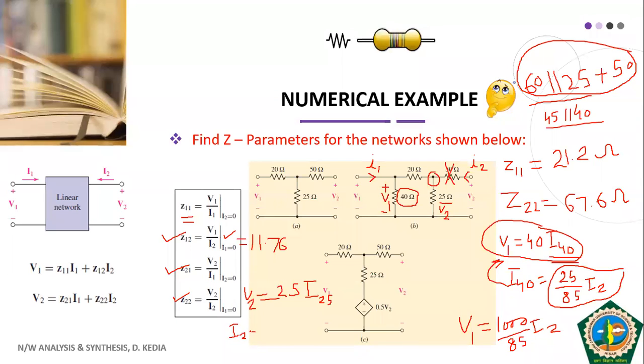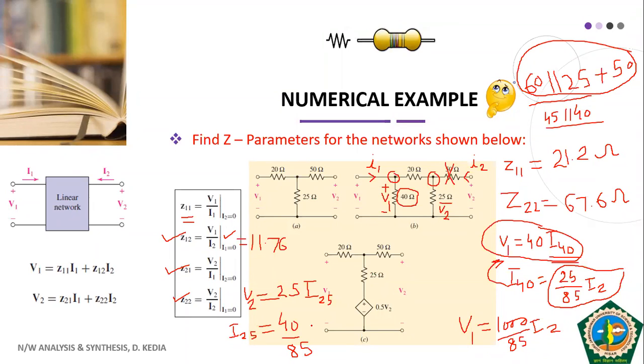I25 will be some component of I1, because I1 is entering into the circuit here and it is getting divided here. So you see, I1 will divide at this node. Again, the current divider will prevail. So what will be the value of I25? You apply the current divider rule. So it will be 40 divided by 40 plus 45, that is 85.